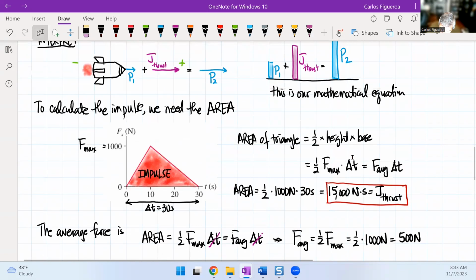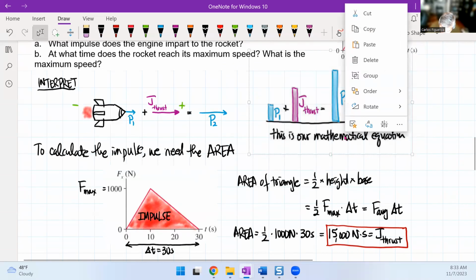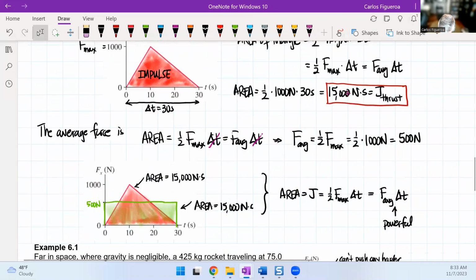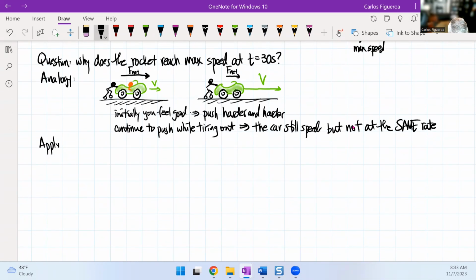So then if I come back here to my bar diagram, we've already applied the impulse momentum theorem. So now, here we go. We're going to apply the impulse momentum theorem to calculate Vmax.